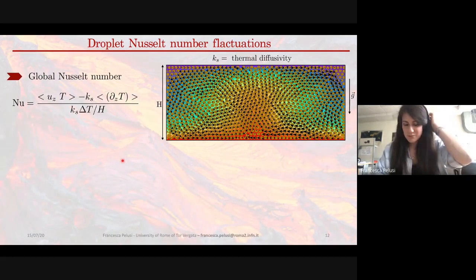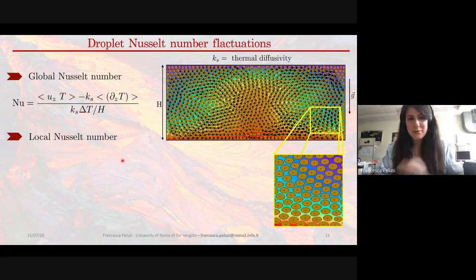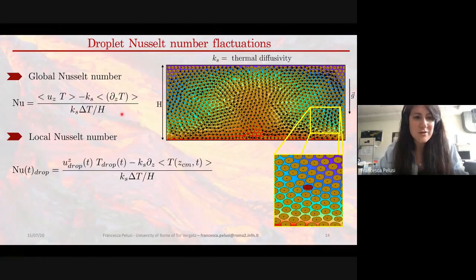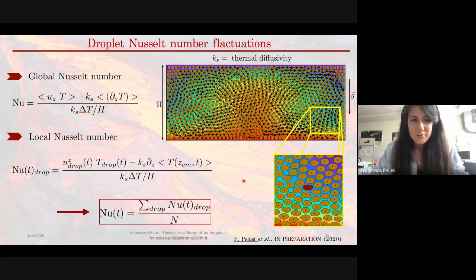But to characterize these fluctuations in a more quantitative way, we need to introduce not only a global parameter, because here I look at all the nodes of the domain, but also a local Nusselt number, defined by looking at the single droplets, with the constraint that if you sum over all the droplet Nusselt numbers, you obtain again the global Nusselt number.